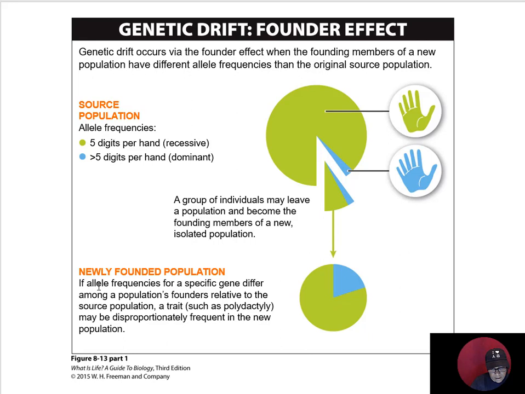Because if the allele frequencies for a specific gene differ among a population's founders relative to the source population, then this trait, such as polydactylism, may be disproportionately frequent in the new population, right? Because this group of individuals is all interbreeding, and so this dominant allele is going to become more frequent in relationship to the proportions that we see from the original source population. So that's called the founder effect. Okay?